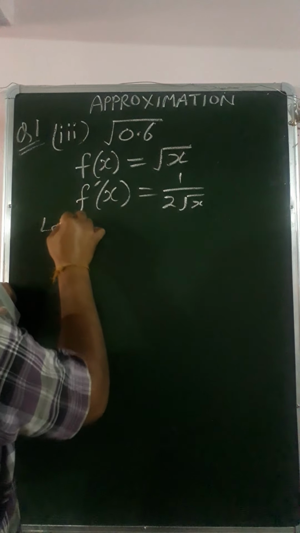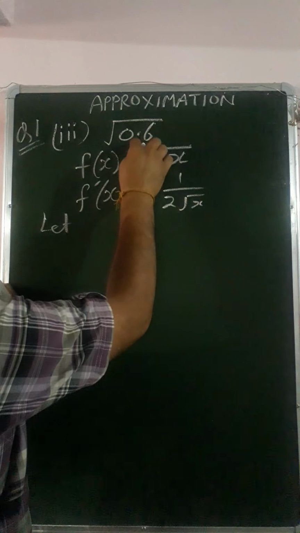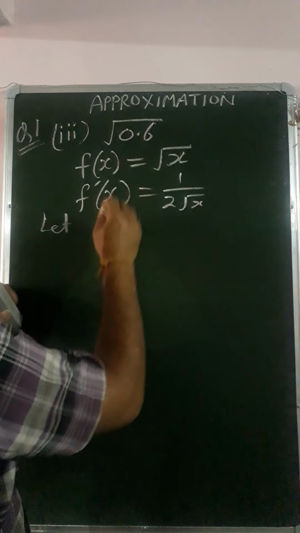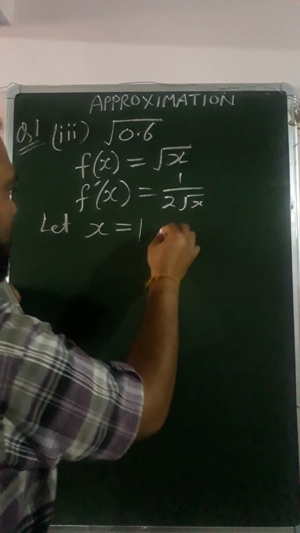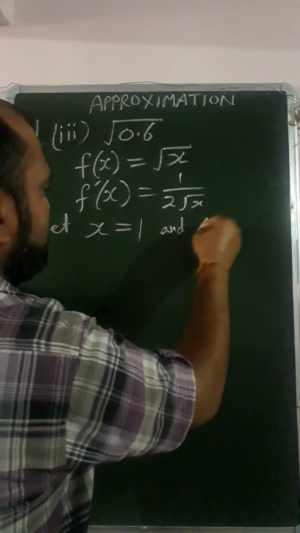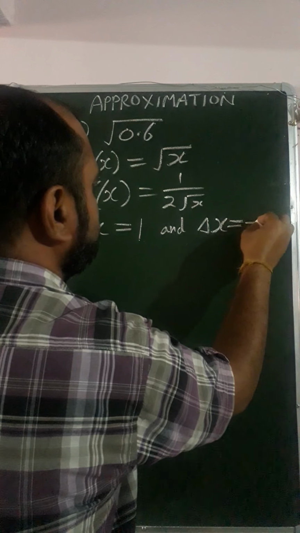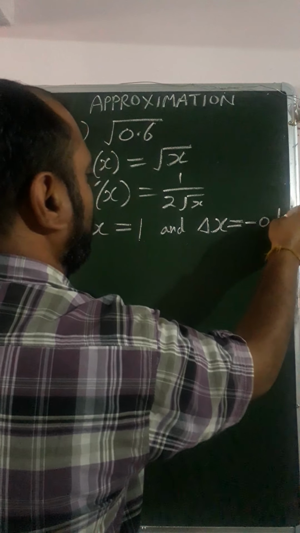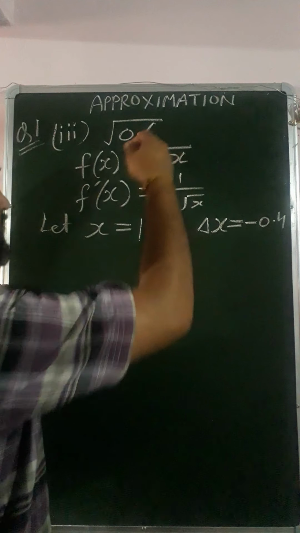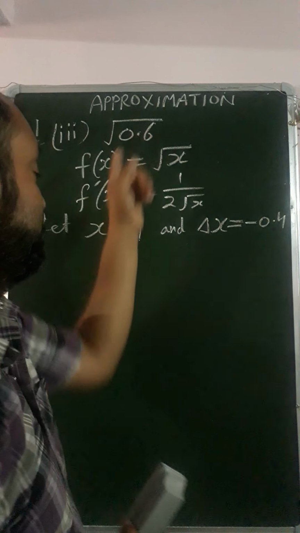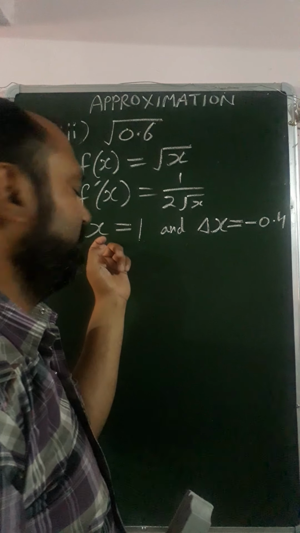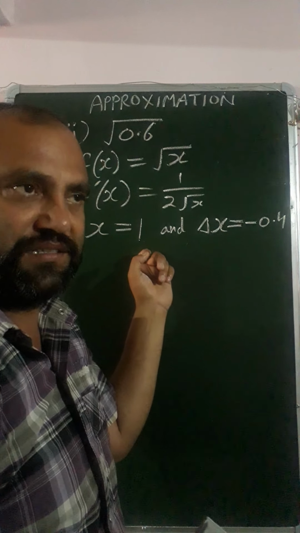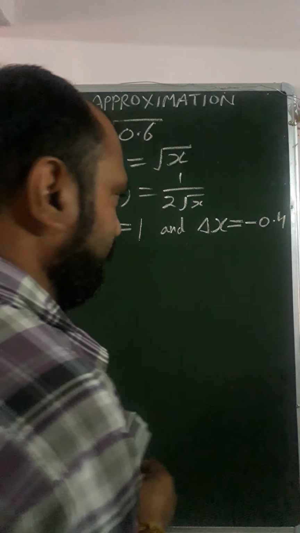Now I am breaking this number as, let x be 1 and delta x be minus 0.4, because their sum is 0.6. I am breaking it that way because 1 is a perfect square, the square root of 1.